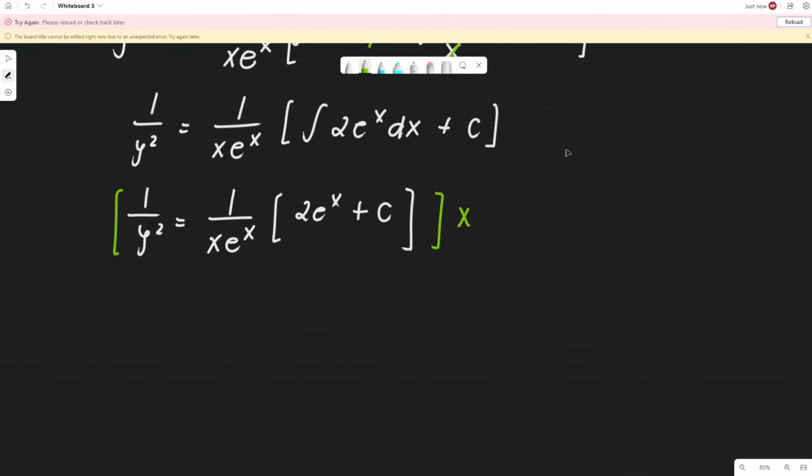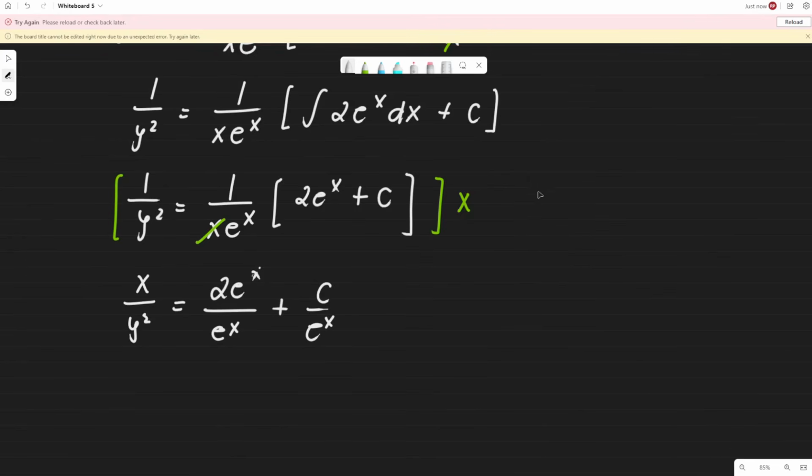So we have x over y squared is equal to 2e raised to x over e raised to x, plus c over e raised to x.